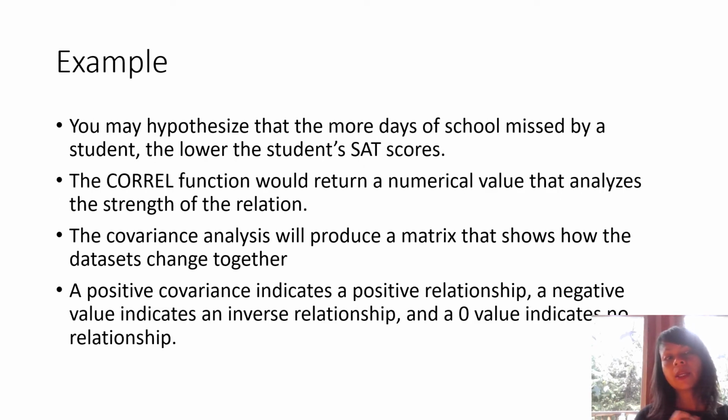So for example, you might hypothesize that the more days of school missed by a student, the lower his or her scores. The correlation function would return a numerical value that analyzes the strength of the relationship. The covariance analysis will provide a matrix that shows how the data sets change together.